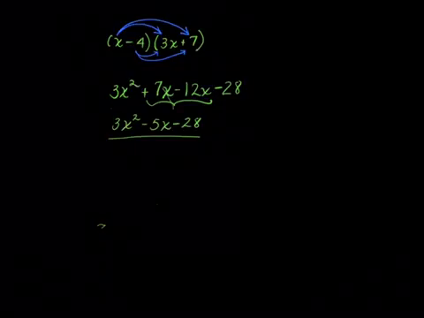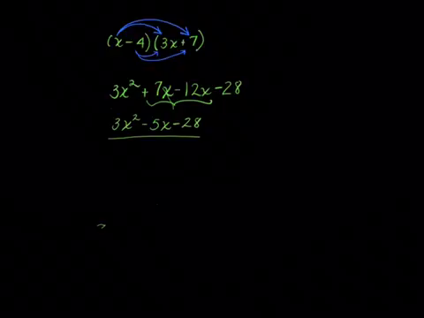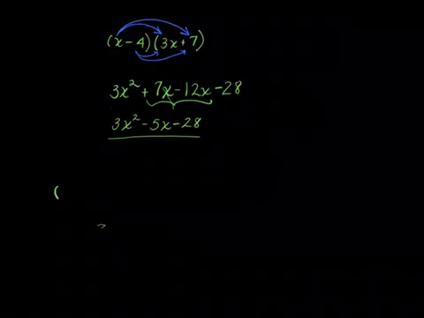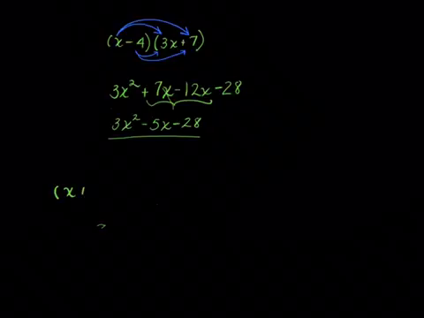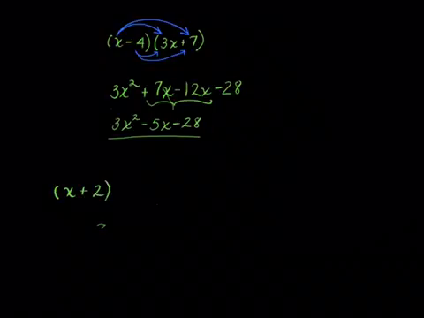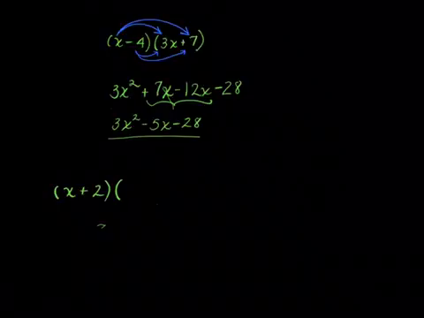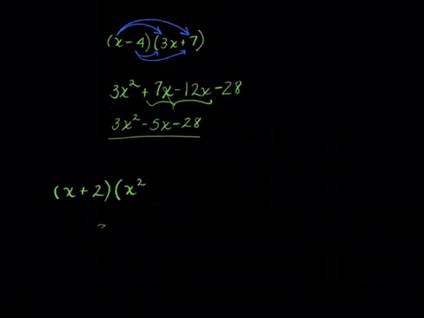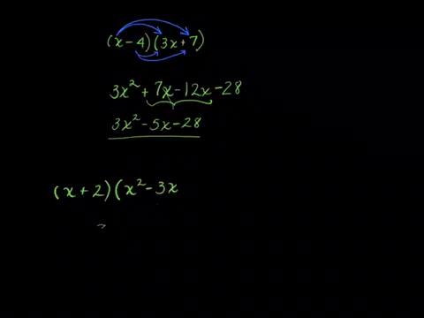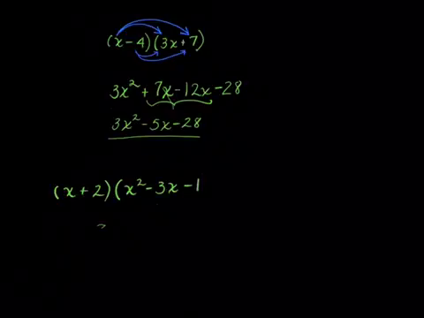We'll do one final example to show that we can multiply polynomials of any size using this distributive property method. We can also use the area model. Let's multiply x plus 2 times x squared minus 3x minus 1.